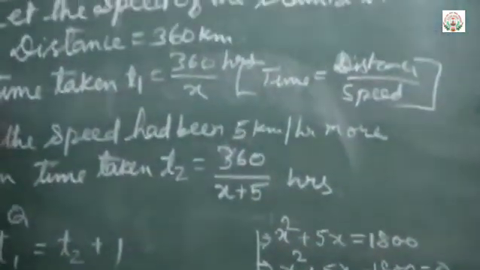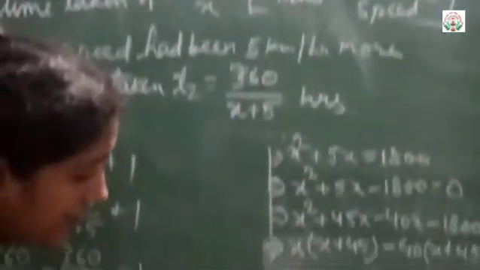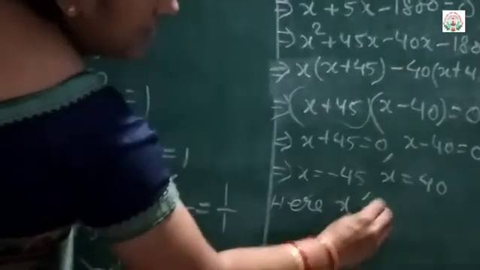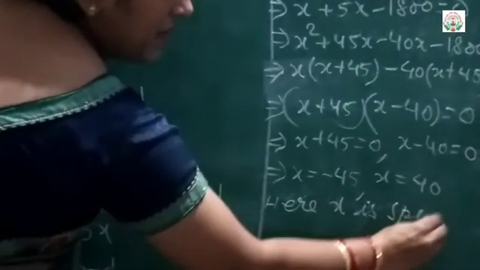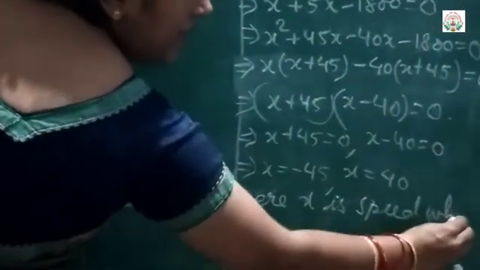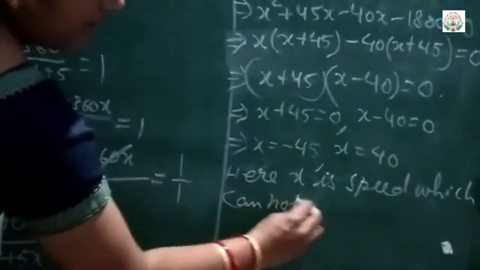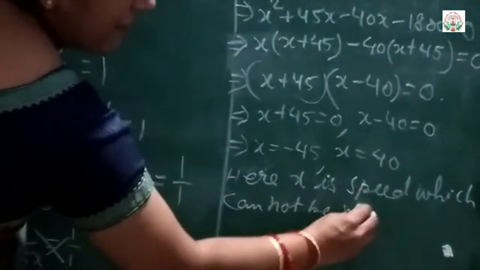As the speed is given, speed can't be negative, right? So we can write here, x is speed, which can't be negative.